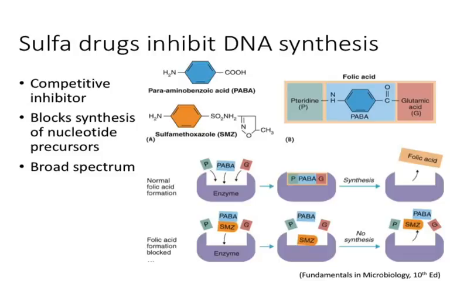Competitive inhibitor. So it competes for the active site and blocks the synthesis of folic acid. It is a broad spectrum antibiotic. Therefore, it targets not only gram-positives but gram-negatives as well. Oftentimes, if there's one antibiotic that folks are allergic to, it's this class of antibiotics.